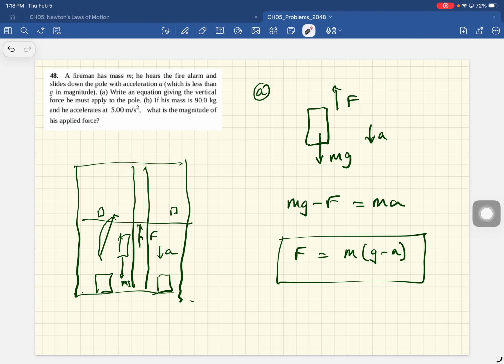And so the force on the car is mass of the car times acceleration of the car, and this should work out to 40 meters per second squared.